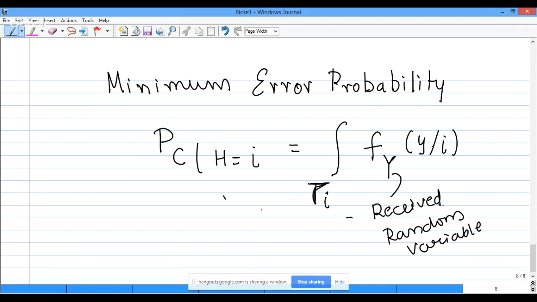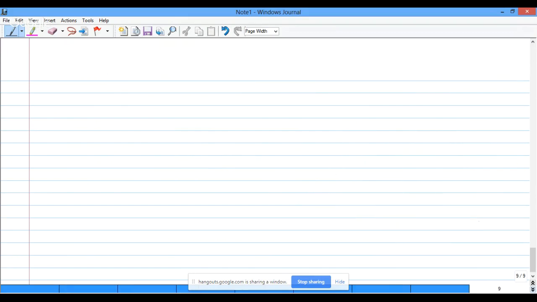So what I am saying is, this is the likelihood given that we have transmitted hypothesis i, and if you integrate this likelihood function over the decision region corresponding to hypothesis i, then this integration will give you the probability of being correct given that you have transmitted hypothesis i. Now what is the overall probability of being correct?